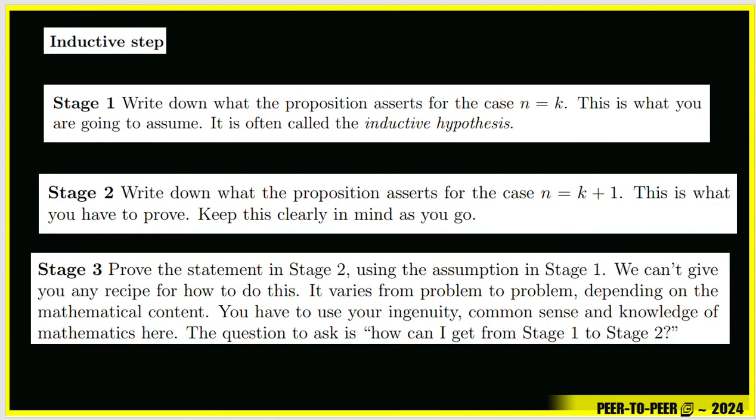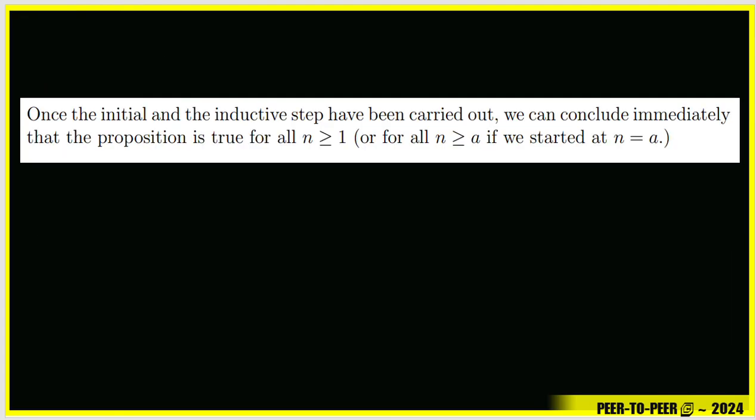And there is no defined step-by-step procedure. There is no recipe on how it should be done. You are going to use what? Your ingenuity, your common sense, your mathematical knowledge, your skills to arrive at stage 2. When that is done, then you can draw your conclusion.